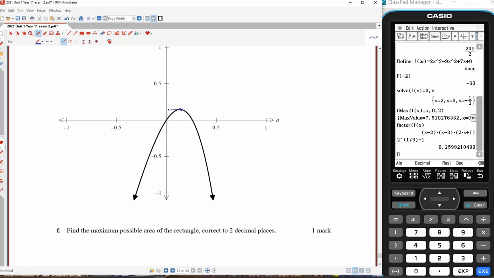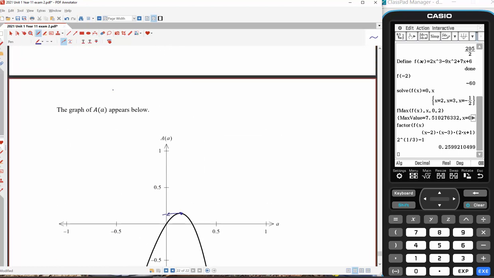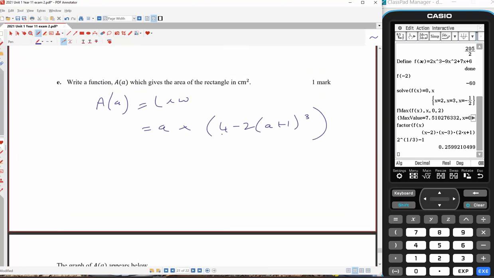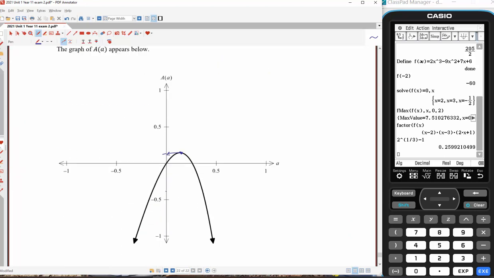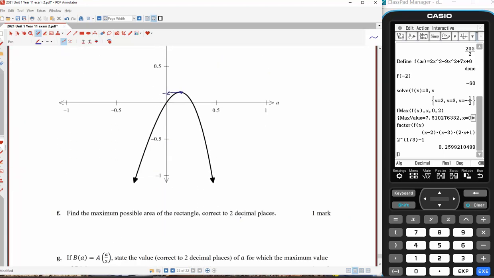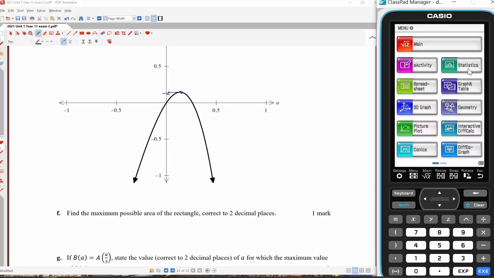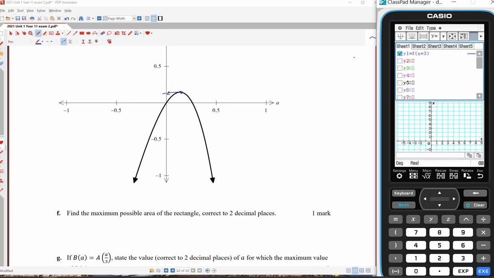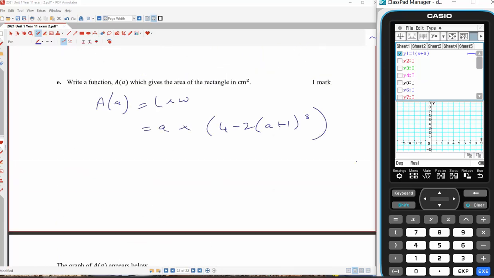So that's just going to be that maximum value there. So if I just graph this function here and run a max on it, I can get it to 2 decimal places. So let's go ahead and do that. Menu, graph, x times 4 take 2 brackets x plus 1 all cubed.